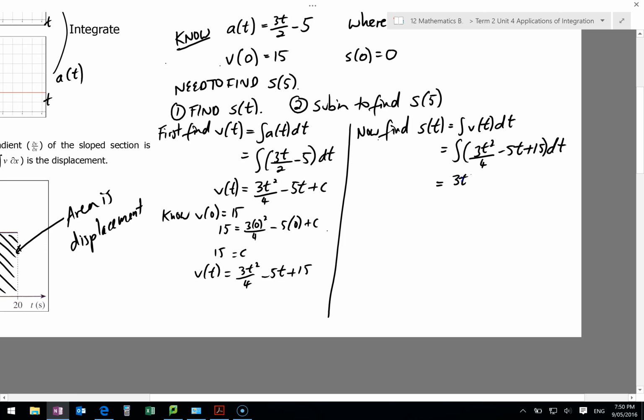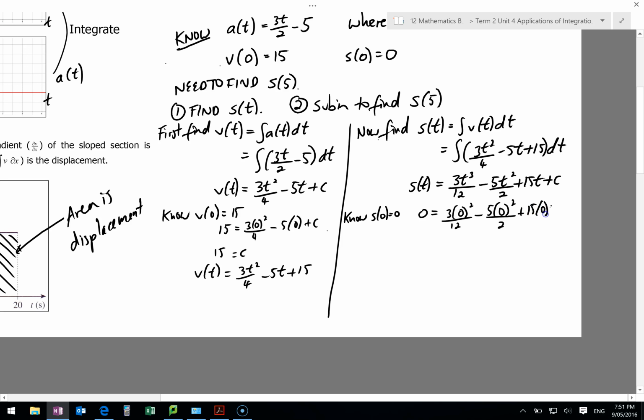So 3t cubed on 12 minus 5t squared on 2 plus 15t plus c. Remember that I know s of 0 equals 0. So 0 equals whatever this is with all the zeros subbed in. And you might want to just skip to the fact that c equals 0.